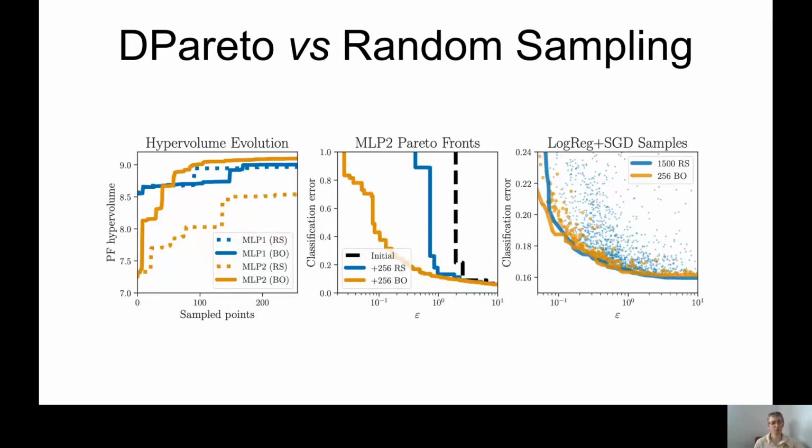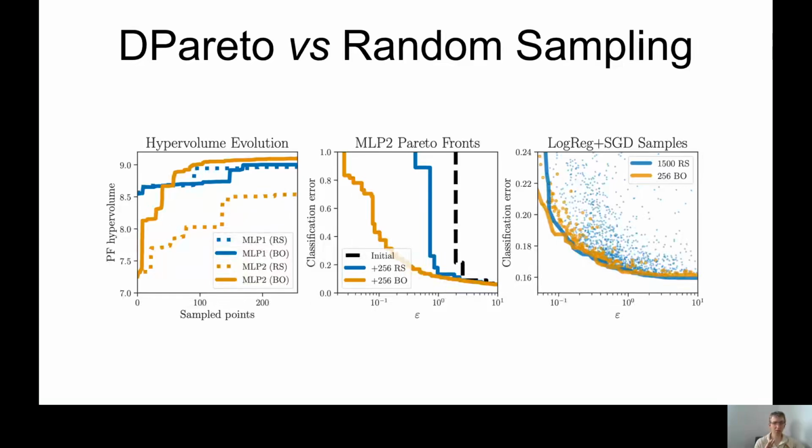Now, random sampling is known to be a very good technique, and eventually, right, it will recover very good Pareto fronts. But as you can see on the middle plot, on the exact same tight budget, d-Pareto recovers a much better frontier than random sampling.